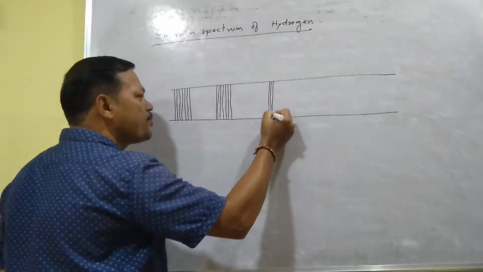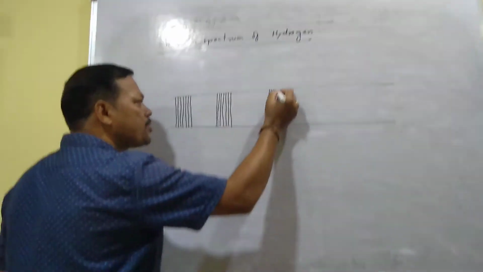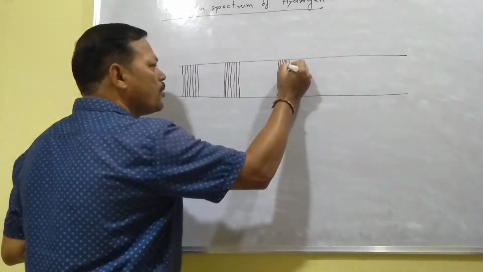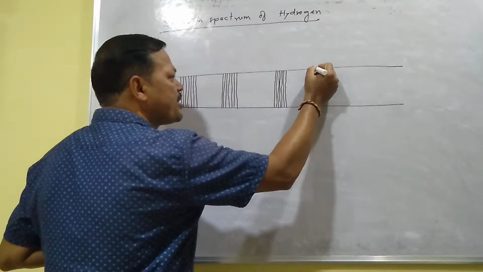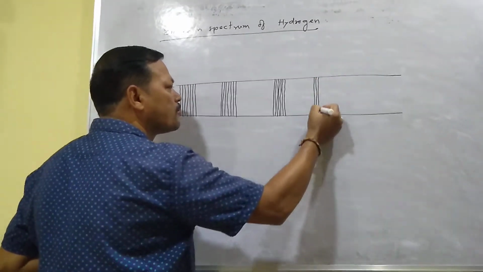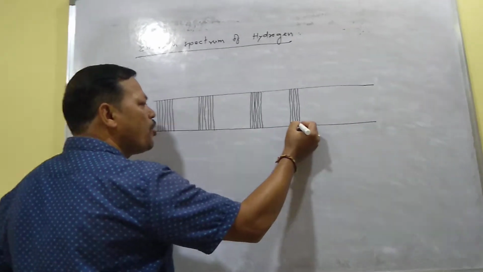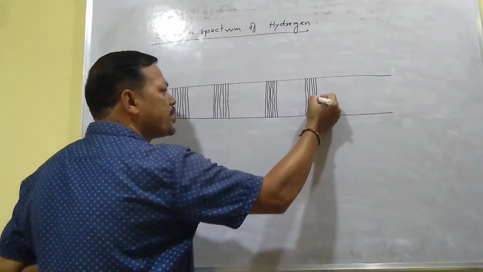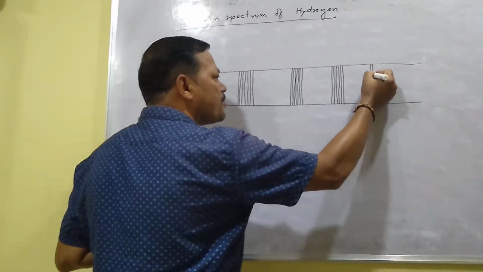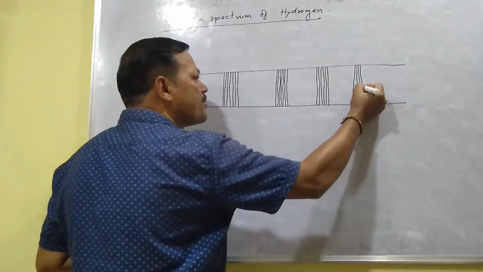This type of spectrum is shown by the hydrogen atom when the light of hydrogen is passed through the prism. This is another series of lines. So in this way you will get a number of lines which are grouped together and classified into some series. So you will get 5 series of lines.